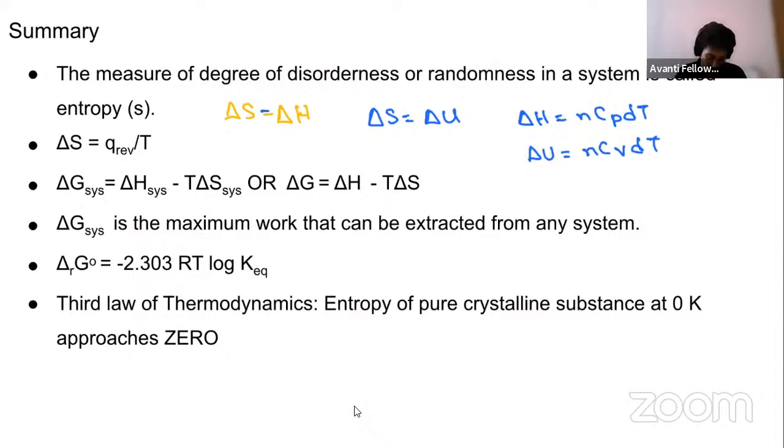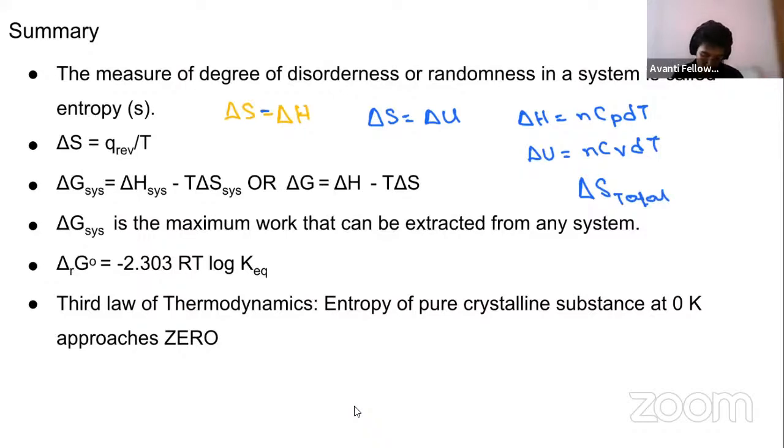Then we have seen delta G is equal to delta H minus T delta S, this form. And at equilibrium, delta G is equal to 0. Delta G is equal to 0, not delta G naught. You know that we cannot calculate delta S total completely all the time, so we'll be using an indirect method so that we can calculate delta S total or Gibbs free energy.